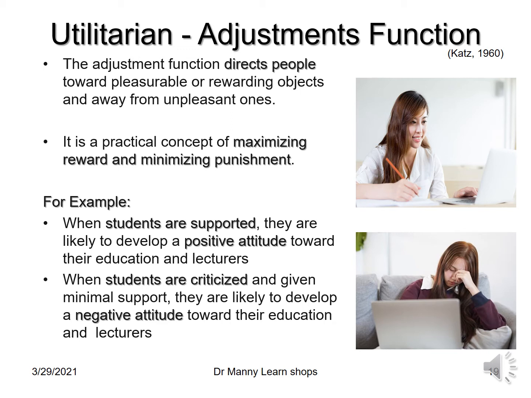What we want to do is maximize the rewards and minimize the penalties. So the adjustment, instrumental or utilitarian function directs people towards pleasurable or rewarding objects and away from unpleasant ones. It's a practical concept of maximizing reward and minimizing punishment.